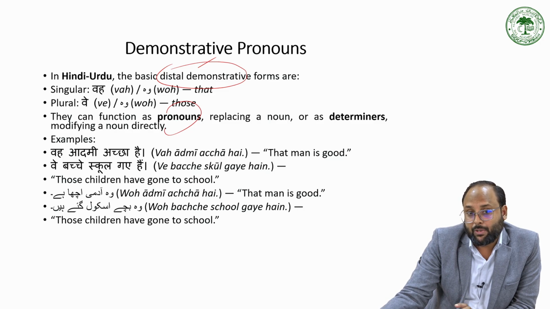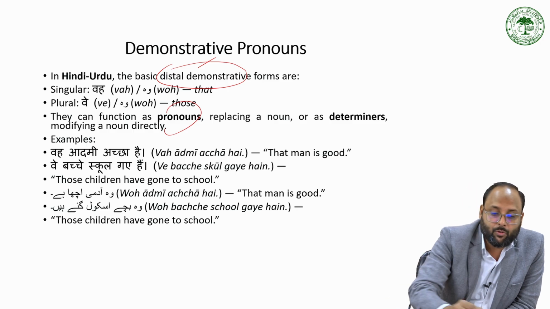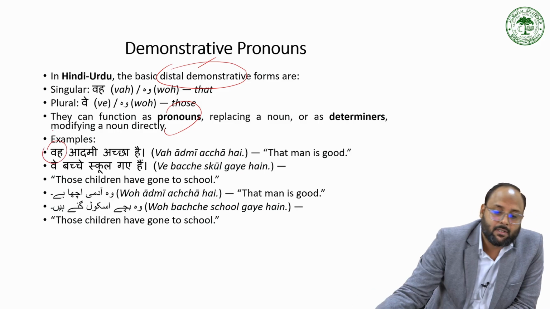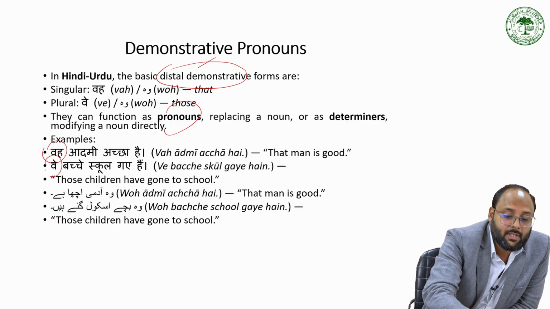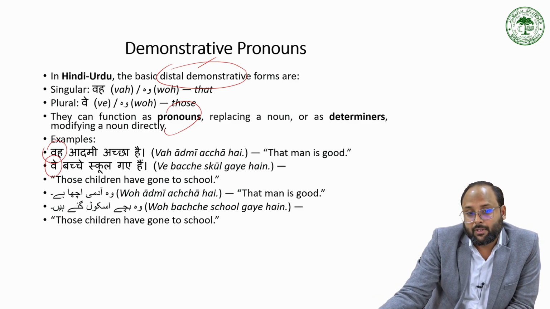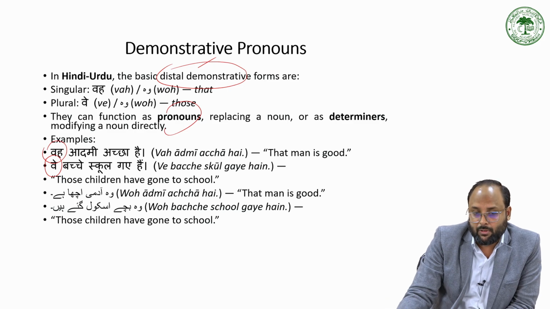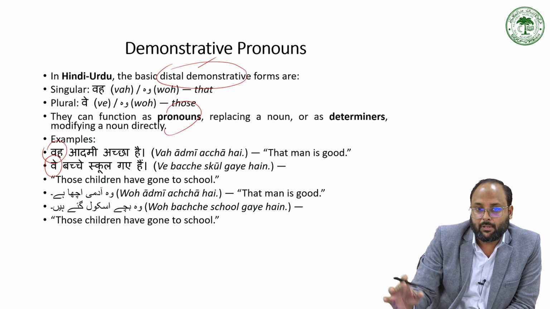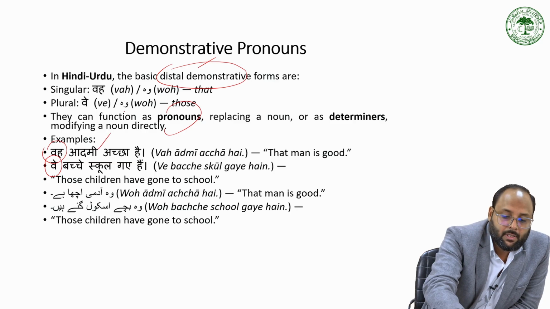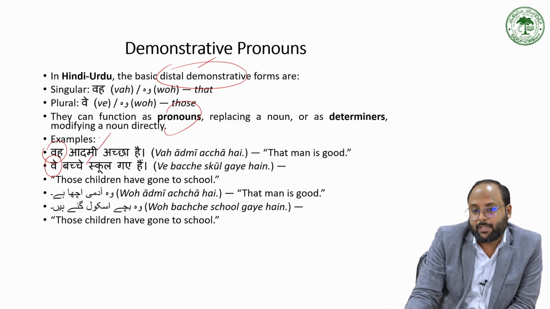Example: वो आदमी अच्छा है, so वो is the distal demonstrative in singular form, and वे बच्चे स्कूल गए हैं, so वे is the plural form. They have agreement in gender and number with the person or thing they are used for.